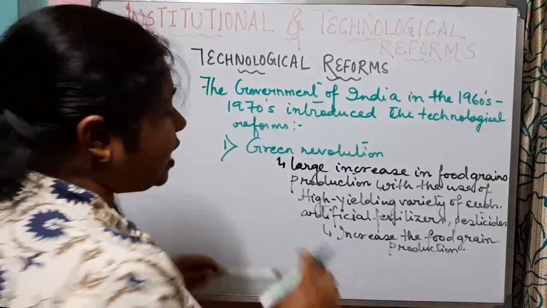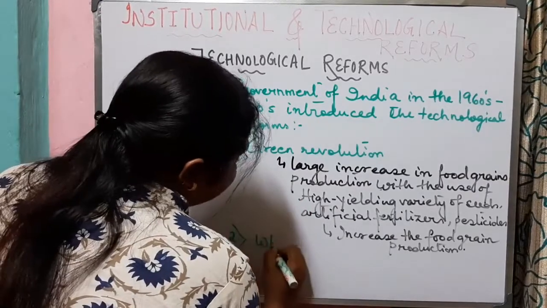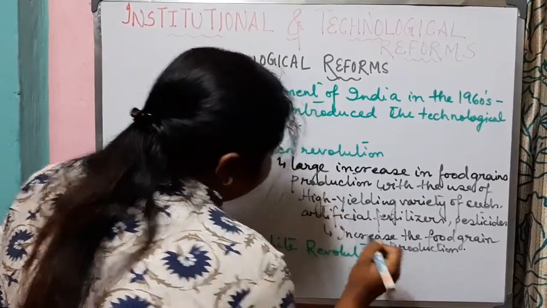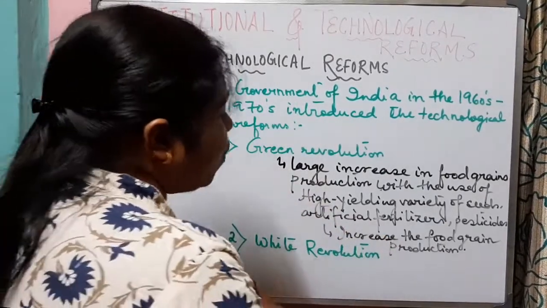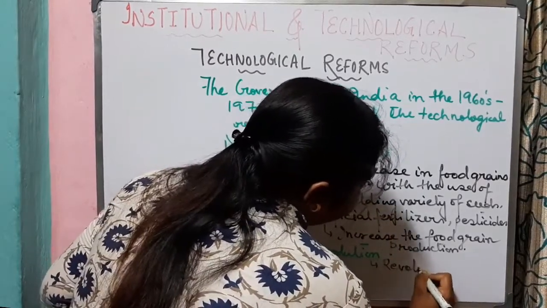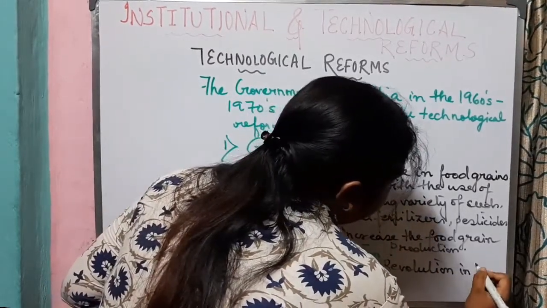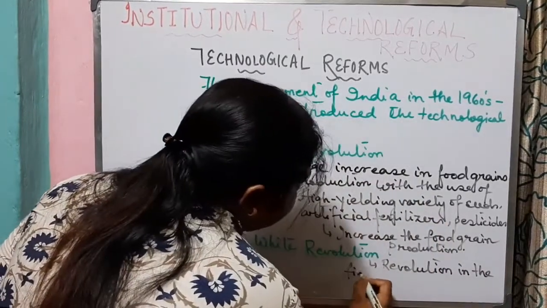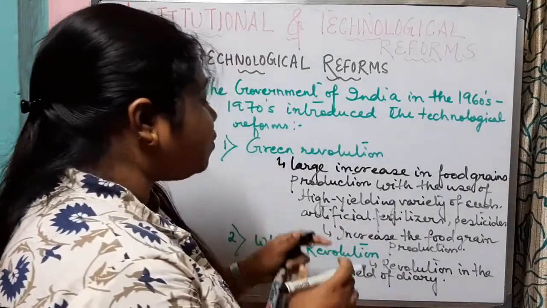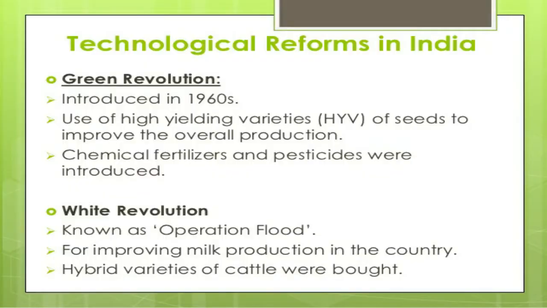The Government of India has also introduced White Revolution, which was another technological reform. Now, what is White Revolution? It refers to the revolution in the field of dairy. That means it is related to production of milk. White Revolution is also known as the Operation Flood.